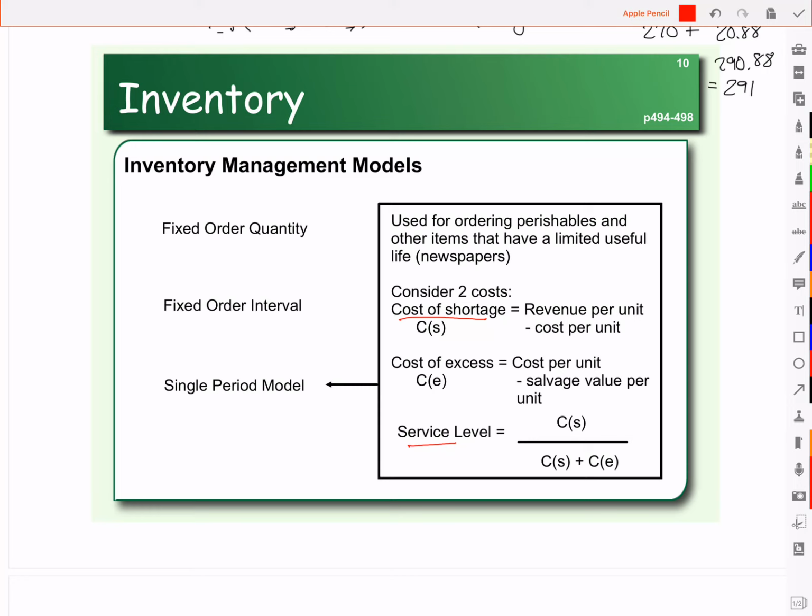Then we have to compare that to the cost of excess. What happens if you have too many donuts left over at the end of the day? Well, if you have donuts left over at the end of the day, you had to pay your supplier for those donuts. So there was a cost per unit. If the donuts have no salvage value, nobody wants a day-old donut, then the cost of excess is just the cost you paid to get the inventory.